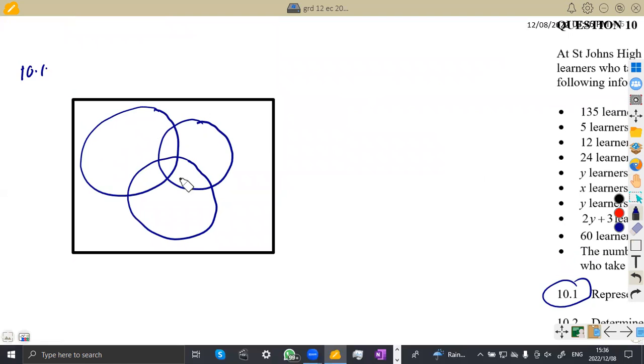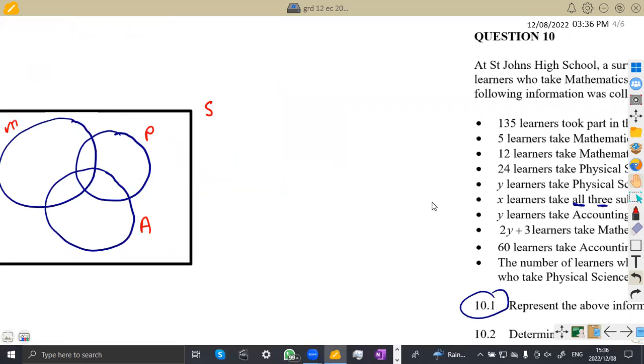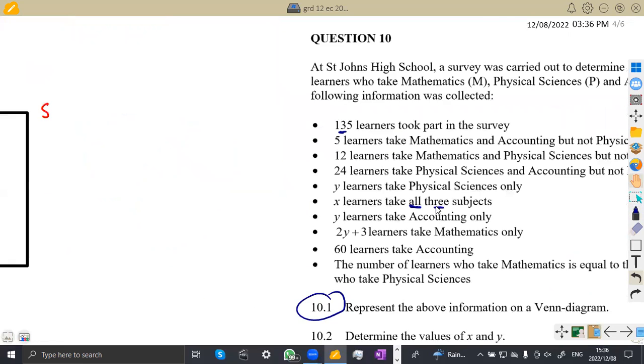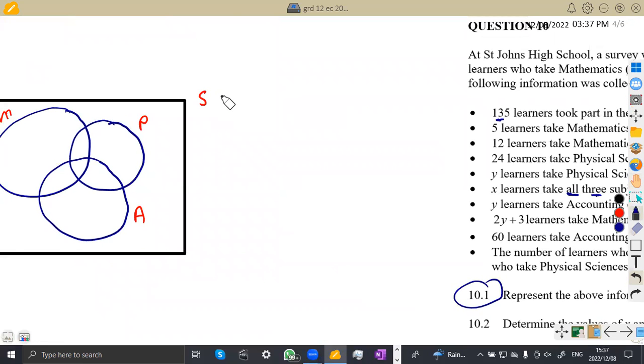So this is the Venn diagram that you are having, and definitely all the elements are in the subsets. We've got mathematics, physics, and accounting. The universal set, all the elements, is equal to 135, so we can write that aside here.